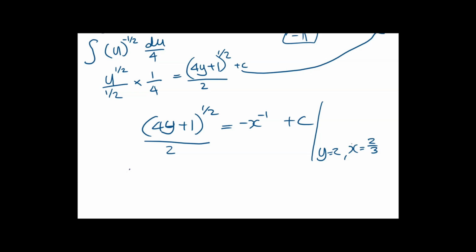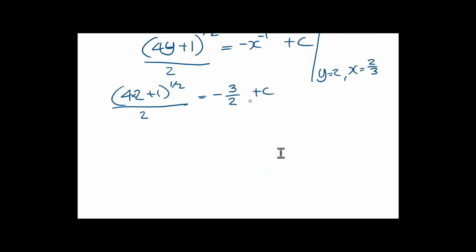Okay, so 4 times 2 plus 1 square root, over 2 equals negative, and 2 over 3 to the power of negative 1 is 3 over 2, plus c.